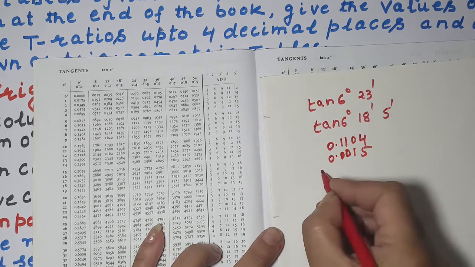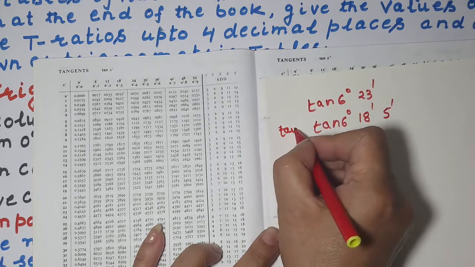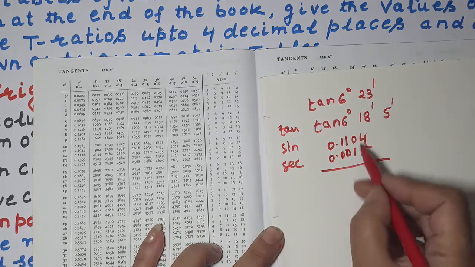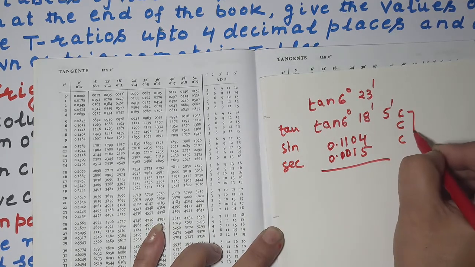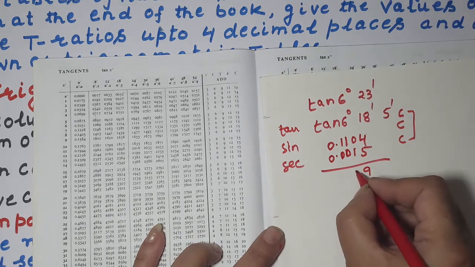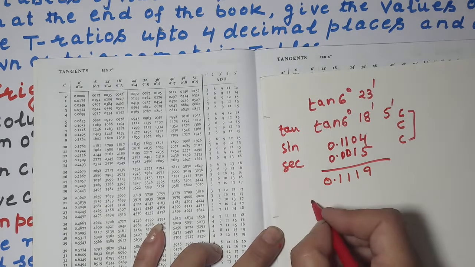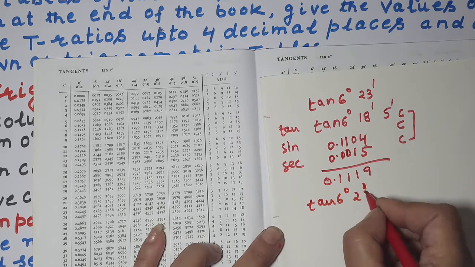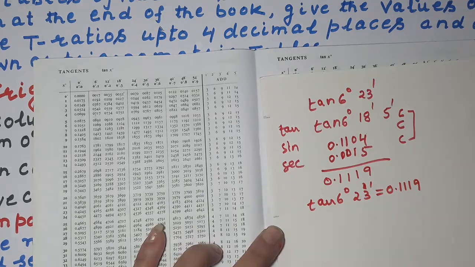So this time we'll add this difference because for tan, sine and secant we add the mean difference, and for all the c's we subtract the difference. So 4 plus 5 is 9, so what is the value for tan 6 degrees and 23 minutes? It is 0.1119. Clear?